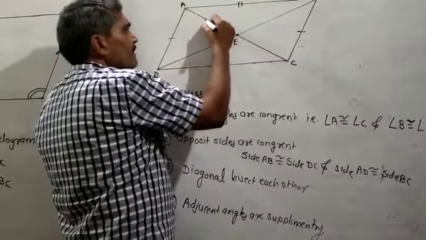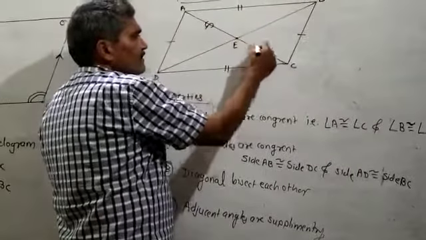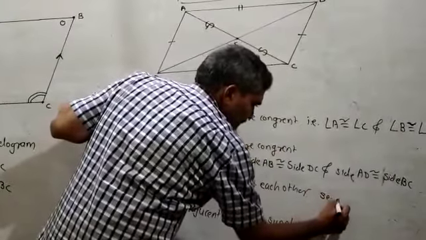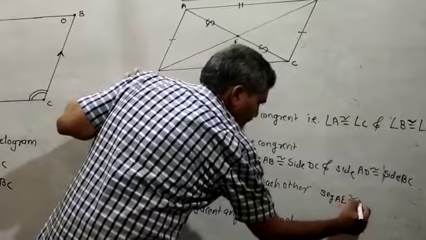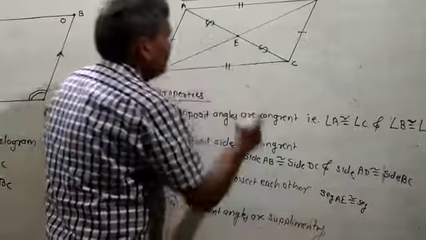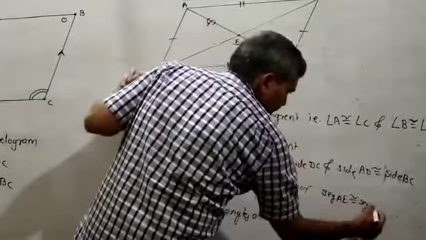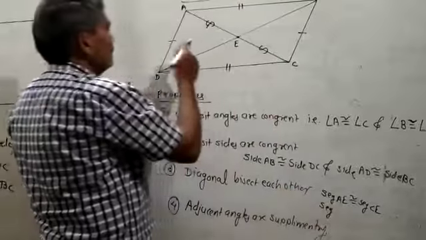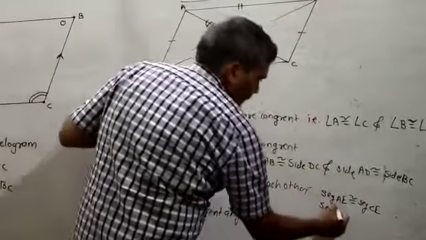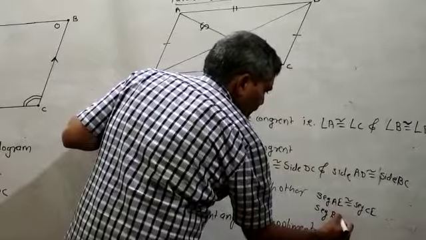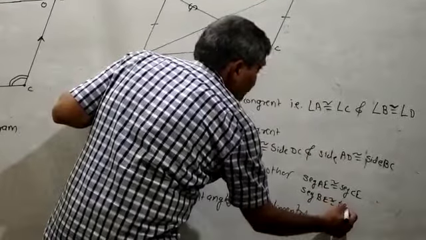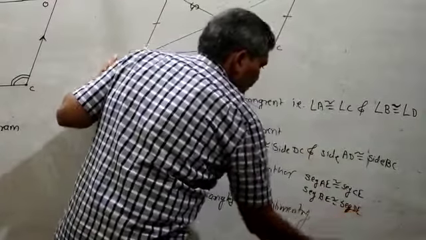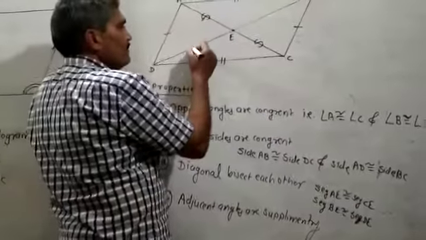So I will say that this AE is congruent to this CE, so I will say that segment AE is congruent to segment CE, and segment BE is congruent to segment DE. Everybody understand?